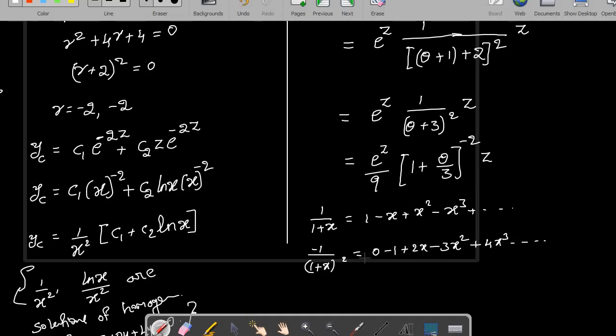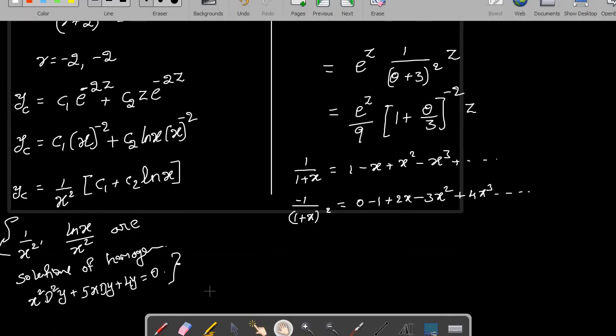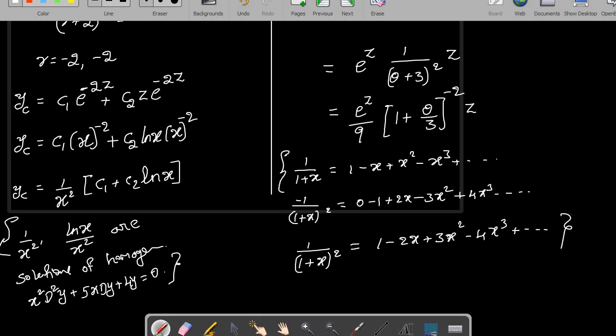Multiplying by minus on both sides, the expansion for 1 by (1 plus x) whole square is going to be 1 minus 2x plus 3x² minus 4x³ plus and so on. So this is how the expansion goes.